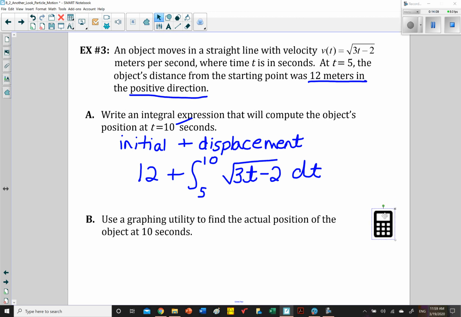Now for the next one, use a graphing calculator to find the actual position of the object at 10 seconds. So we're actually going to jump over to our calculator and let that estimate be done for us on the calculator.